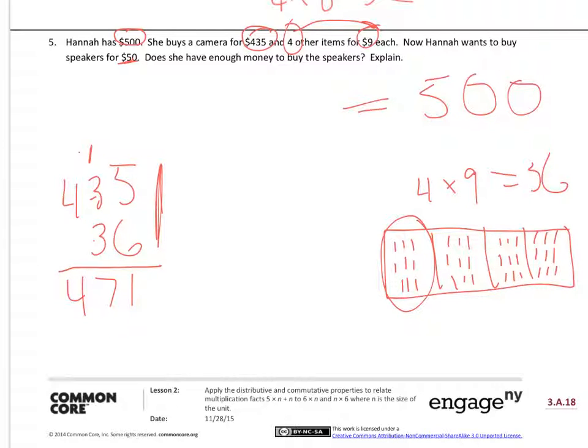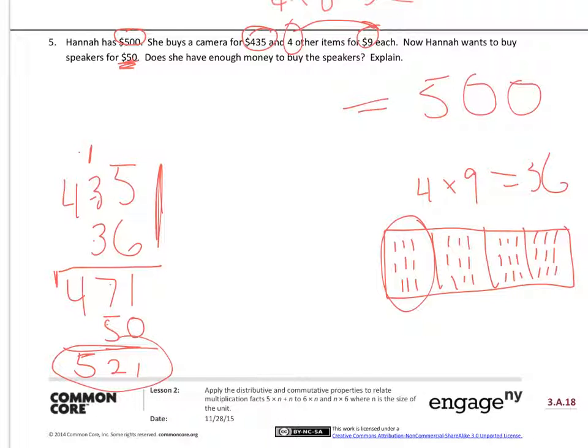Ooh. So now let's add that 50 in to see if she goes over 500. If she goes over 500, she doesn't have enough. So we're going to add that 50 in. 7 plus 5 is 12. Carry the 1, don't forget, and 521.